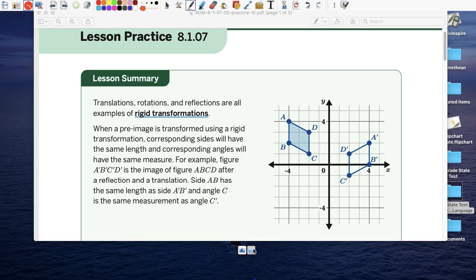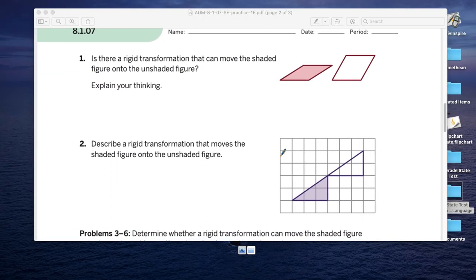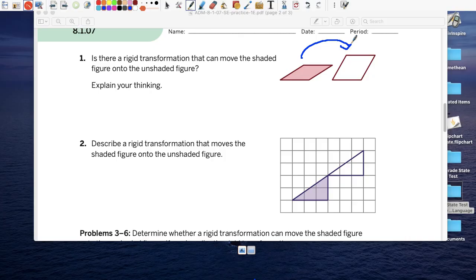So let's do some of these problems. All right, here. Is there a rigid transformation that can move this guy to this guy? Absolutely not. In order to be rigid, both shapes have to be exactly the same, maybe in a different position, but the lengths have to be the same, and the angles have to be.